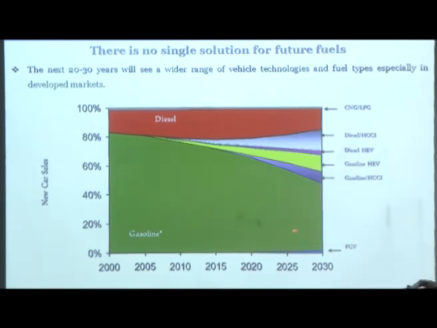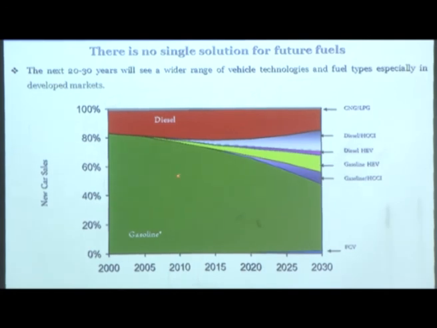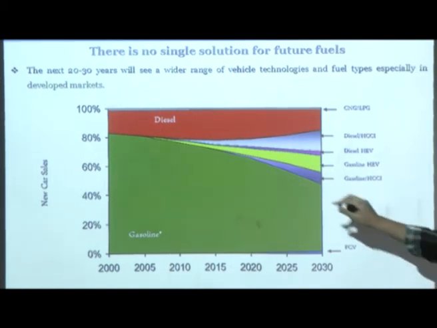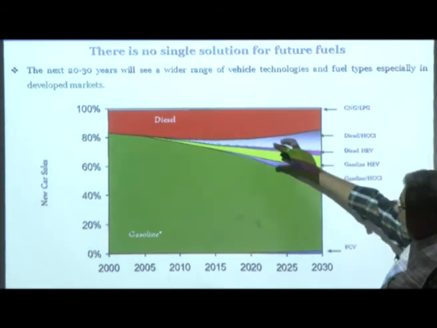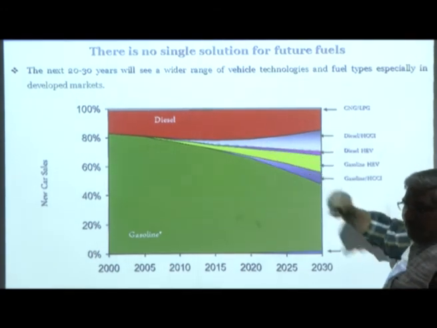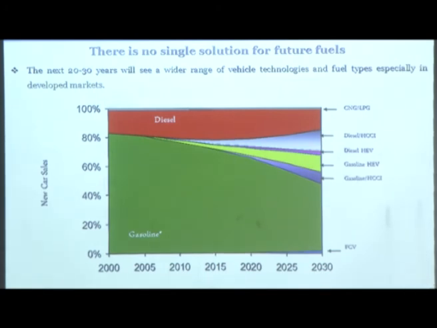Most of the cars will be gasoline cars. And then diesel cars are roughly 15-20%. CNG, very small, 2-3% of cars will be CNG, LPG cars very, very small. What will happen is that new technology cars will come into the picture. And what is the new technology car? You will have a hybrid between diesel and HCCI.